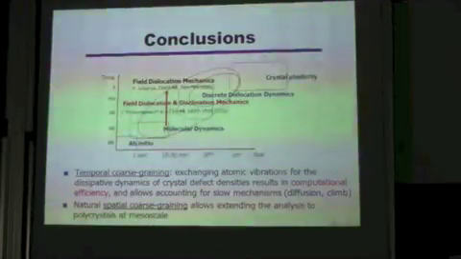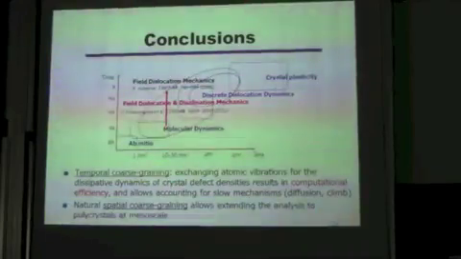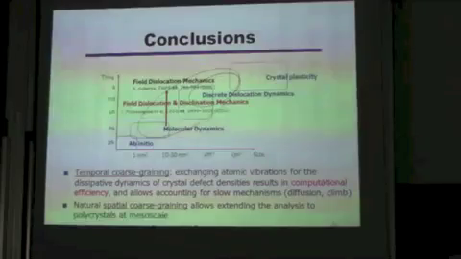But what I've shown here is there is no scale transition. That is, I stick with that scale here, but we do have time coarse graining. That is, as I mentioned, you do not have to resolve the atomic vibrations. So you can call that time coarse graining.